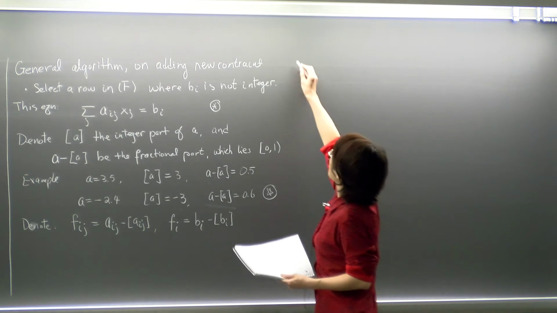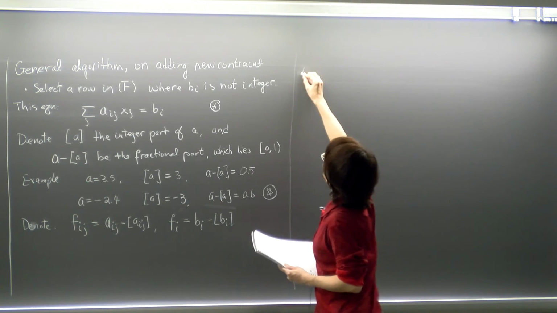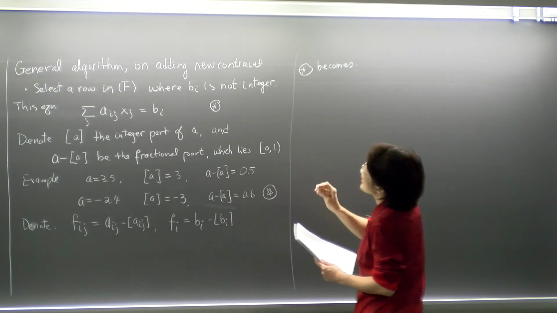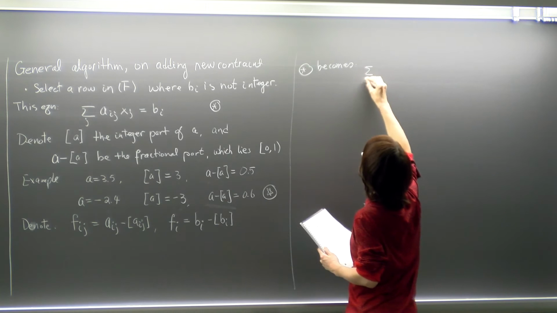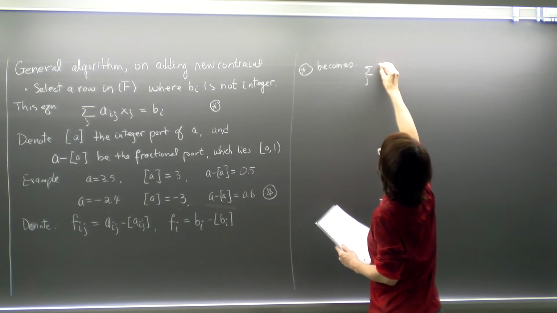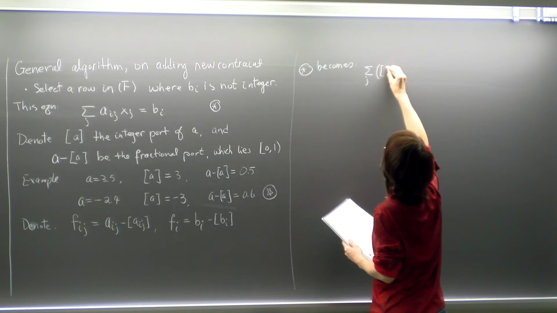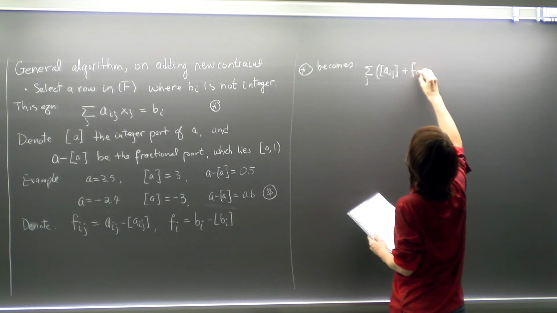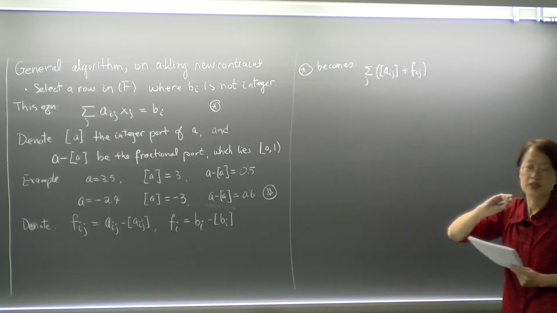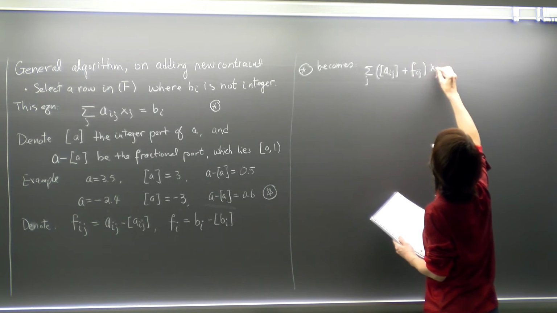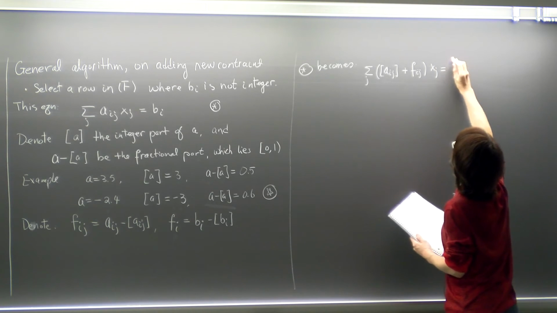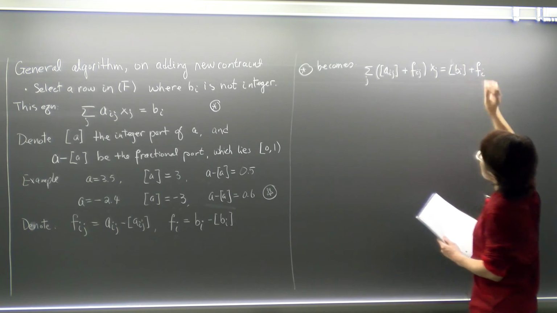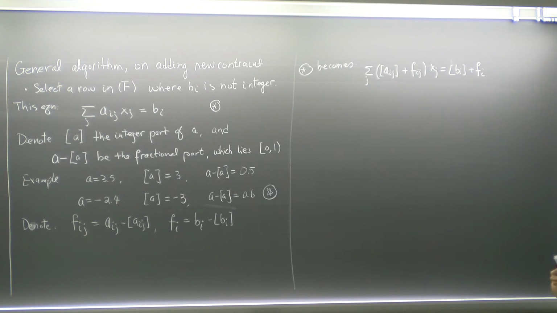Okay, so with all that, I'm going to rewrite the equation star. Now star becomes the following. I break it up. I have summation over j. Any number is written as the sum of its integer part and its fractional part. So for xj, and the right-hand side, it is the integer part plus its fractional part. And then we do the same thing.